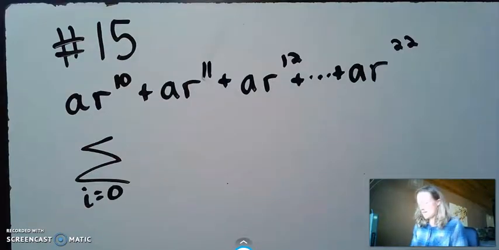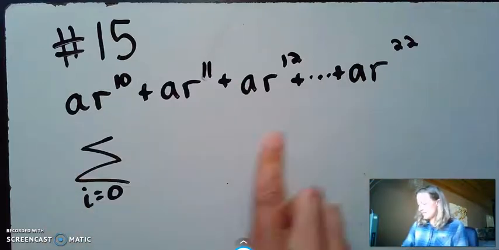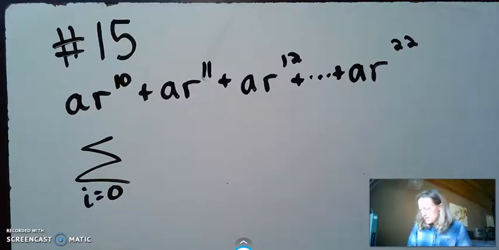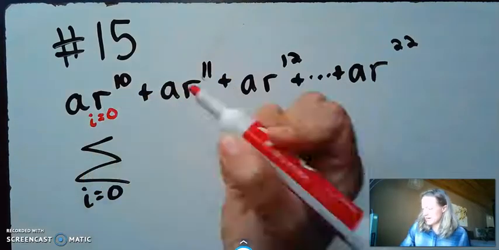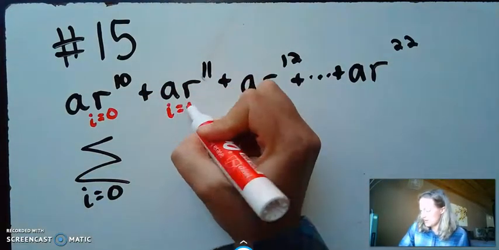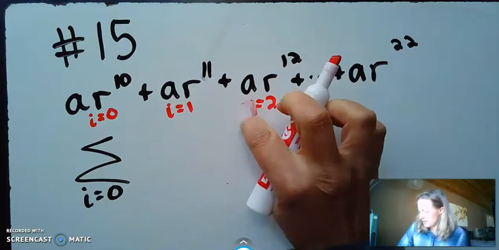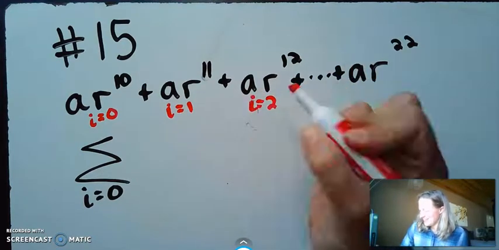So here's number 15. They give us this, and they also give us that they want us to start our ticker at 0, which is a little bit unusual. And so they're saying this one is the 0th term. i is 0 here. And then i is 1 there. And 2. Okay.